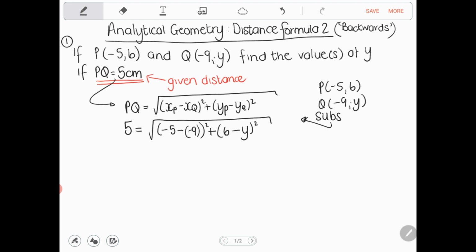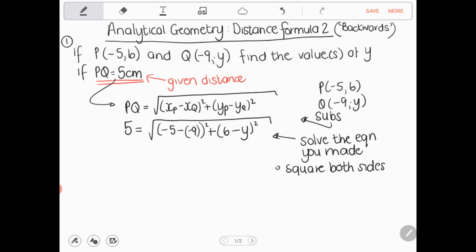All right, so now I'm going to have to solve this equation. So we need to solve this. The first thing I'm going to do, because it's one term on each side, I'm going to square both sides, because that's going to get rid of the square root sign.